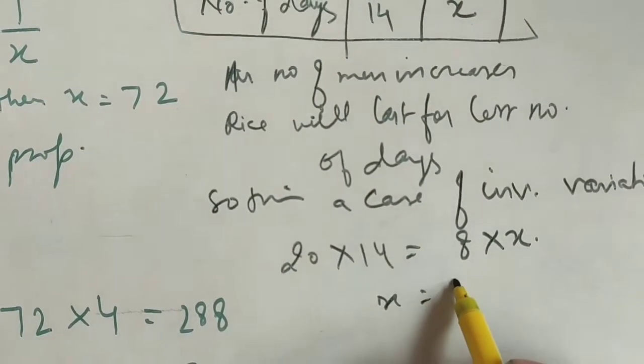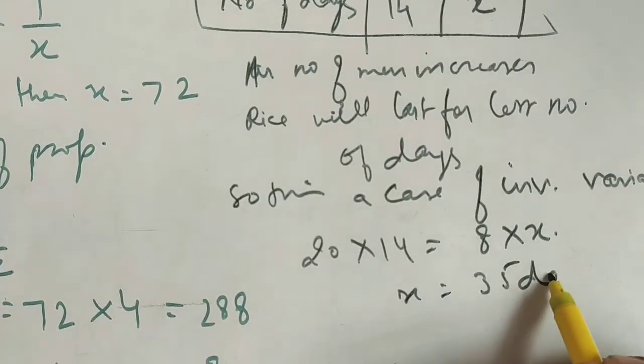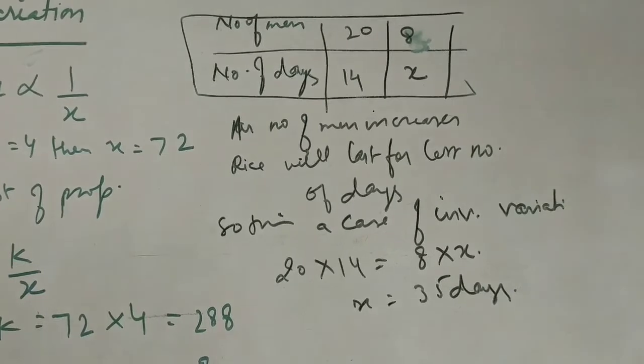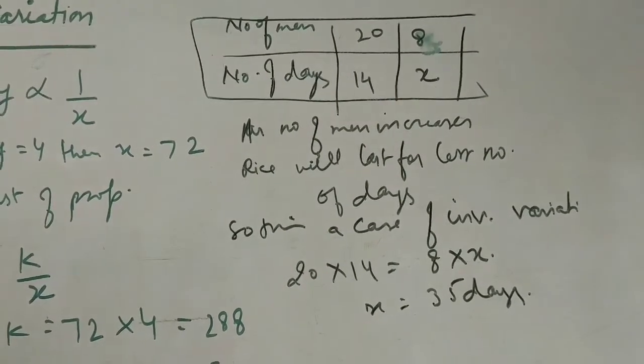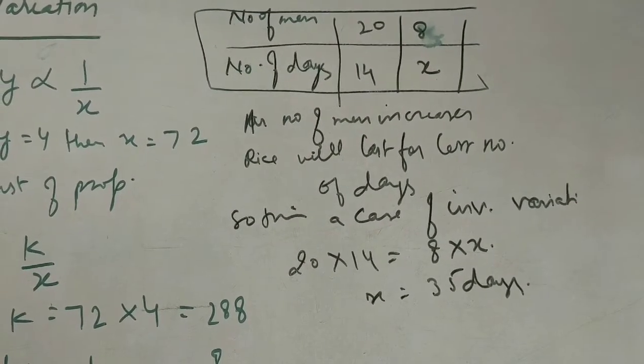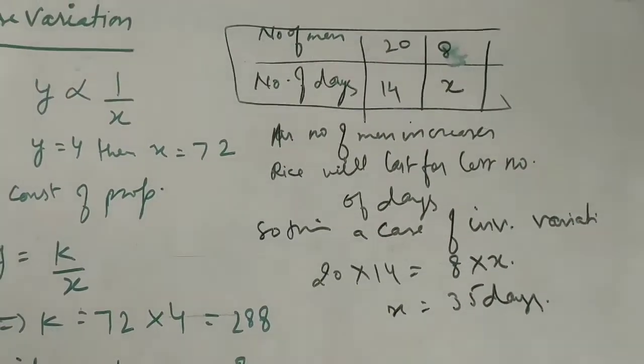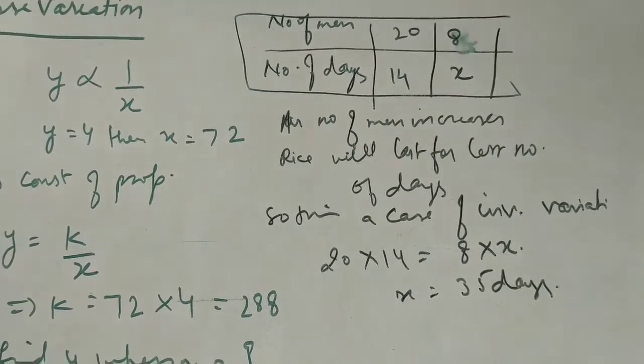So x will be how much? 35 days. Clear? As the number of men increases, the stock of rice they had will last for fewer days, and if the number of men decreases, the food will last for more days.